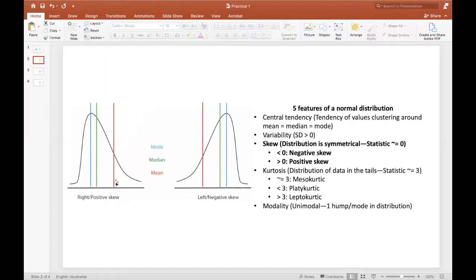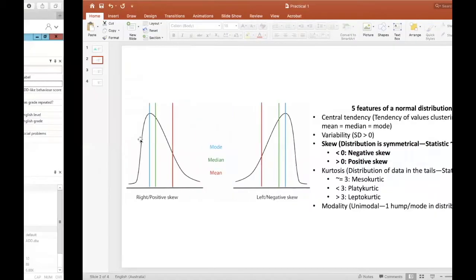So any value less than 0 will represent a negatively skewed distribution, and a value greater than 0 represents a positively skewed distribution. But again, anything close to 0 is probably okay. You really want to look at your skewness statistic in conjunction with your frequency distribution to confirm whether there's a skew to your data set.